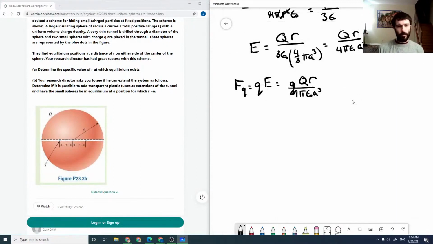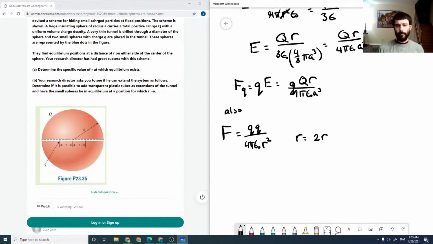We have two of these charges at distance 2r from each other, so we also have the charge force, which is q over 4 pi epsilon naught r squared. In this case, our r is 2r.